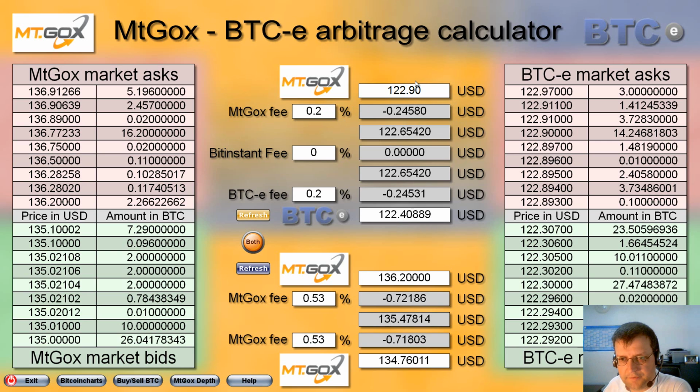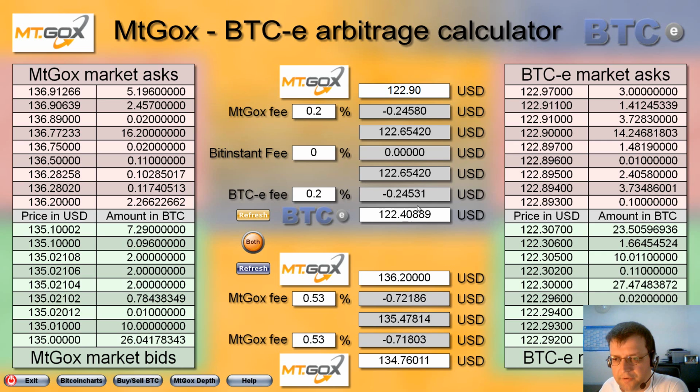If you sell one BTC, you will get, roughly speaking, this USD amount, and having this USD amount, you will have to pay the fee once again if you want to buy back bitcoins. So what does this number mean? This number means that the price should drop at least 50 cents in order to make profit.